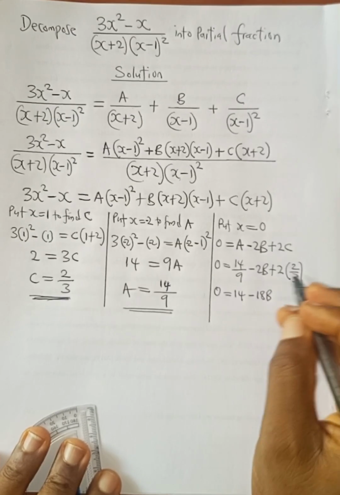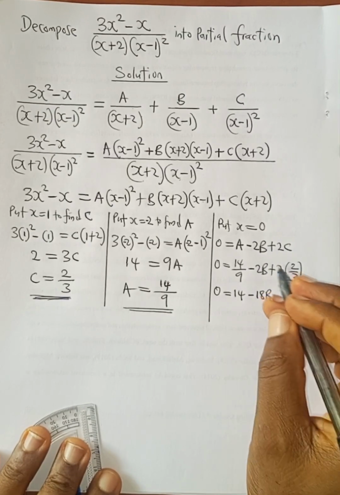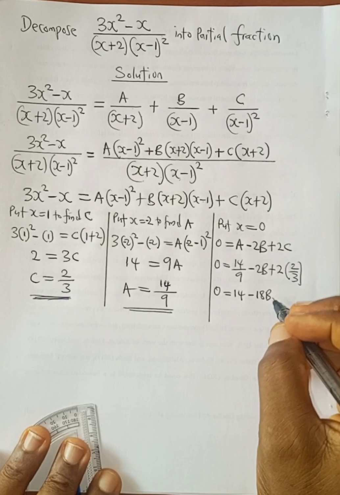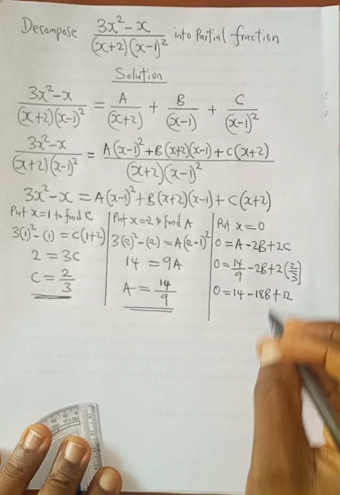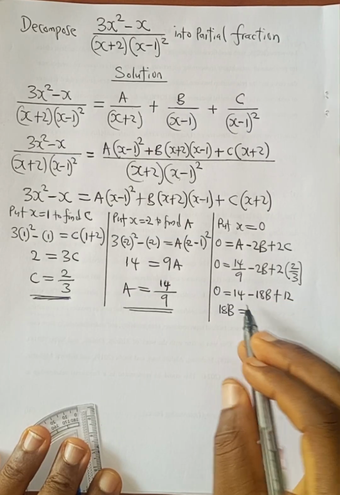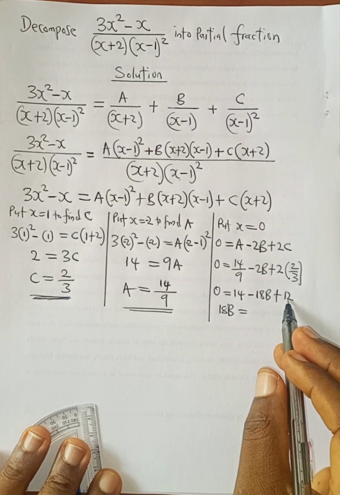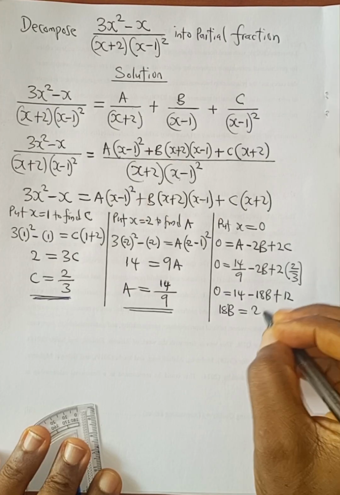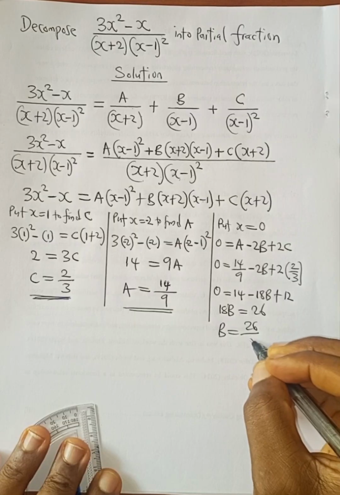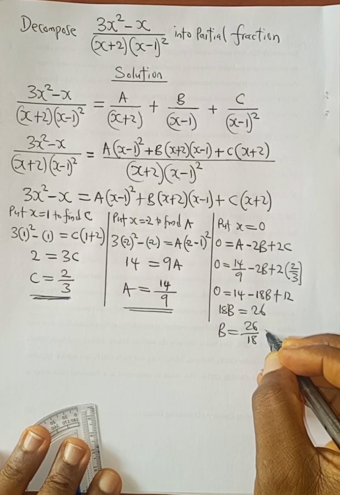Times 9, 3 going to 9, 3 times 2, 6. 6 times 2 will give us what here? 12. So let's collect like terms. I have that 18B is equal to 14 plus 12 will give me what? 26. So B is equal to 26 over what? 18. I don't know if anything can reduce it.